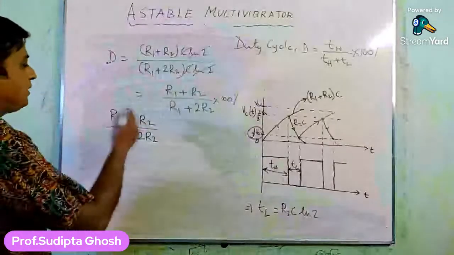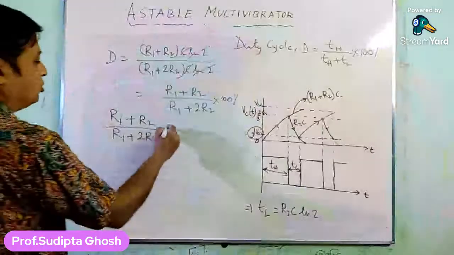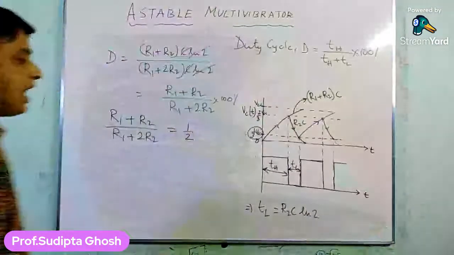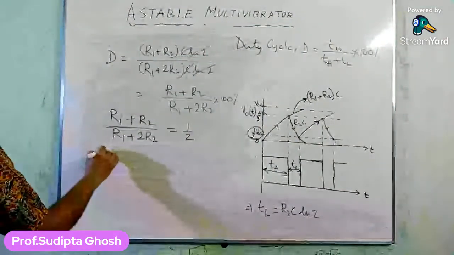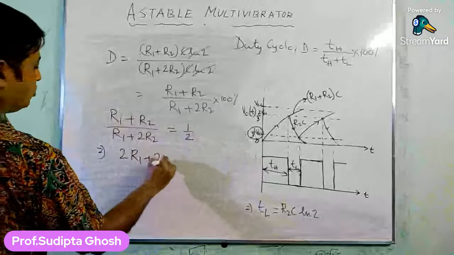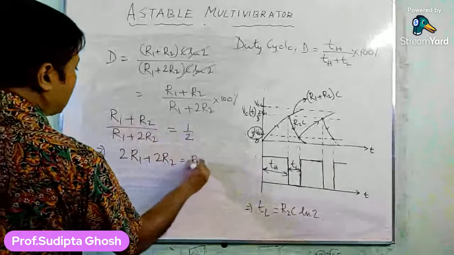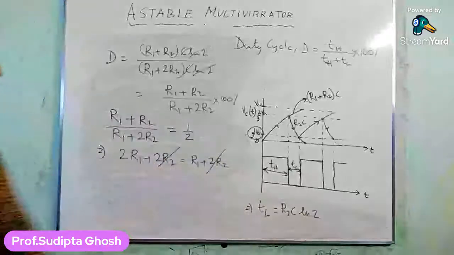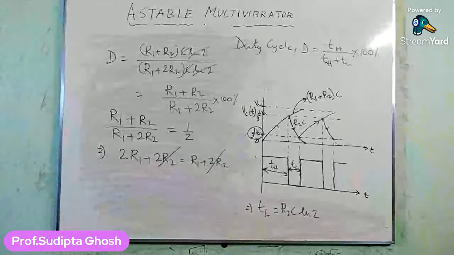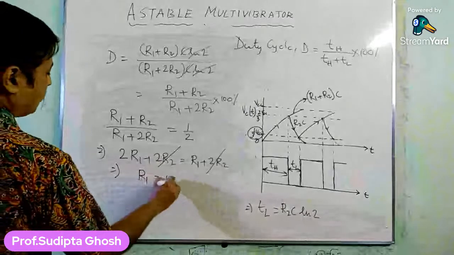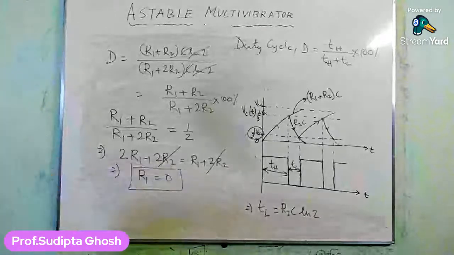So (R1 plus R2) by (R1 plus 2R2) will be equal to 50%, that is nothing but half. Now simplifying, what we can get, 2R1 plus 2R2 is equal to R1 plus 2R2, right? Now we have 2R2 on both sides. Cancelling this 2R2, we have R1 equals 0.